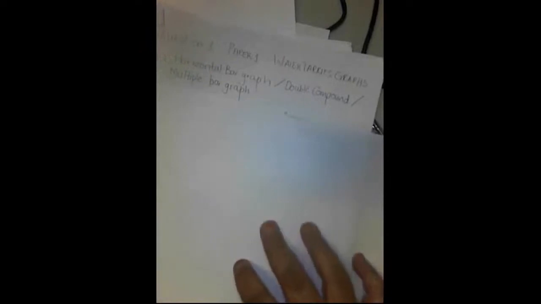My answer for 1.1.1 was horizontal. I don't know if you can see that clearly. I'm just trying to get the camera there. Okay, there you go. You can either call it a horizontal bar graph, or double compound, or a multiple bar graph.